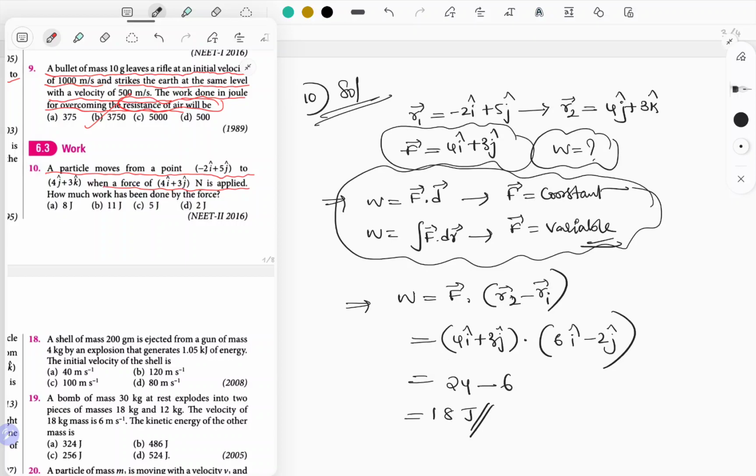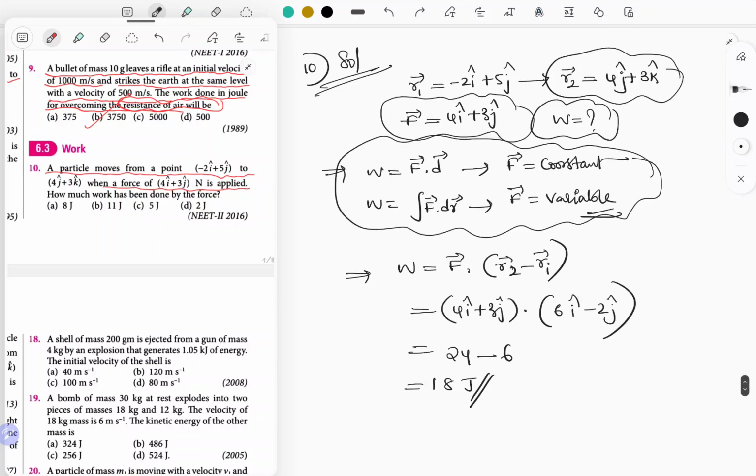No, not an option itself. That means we made some mistake here. R2 bar is given as 4j cap plus 3k cap, and I am subtracting this directly. How foolish of me. Okay, it's a mistake. So let me substitute this R2 bar minus R1 bar.